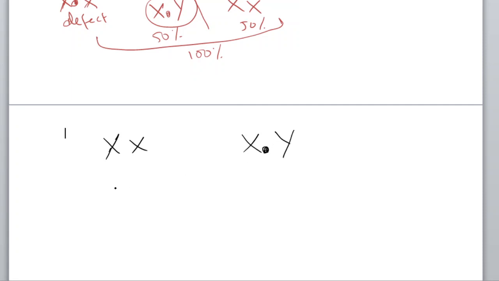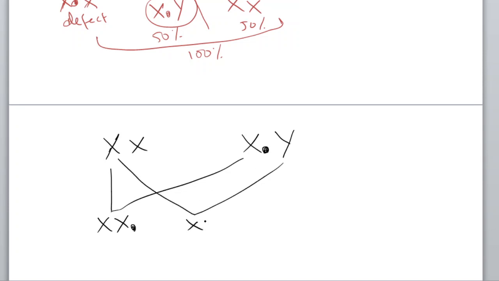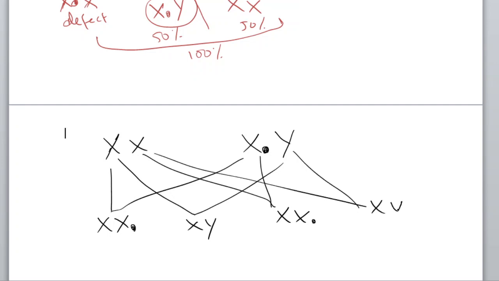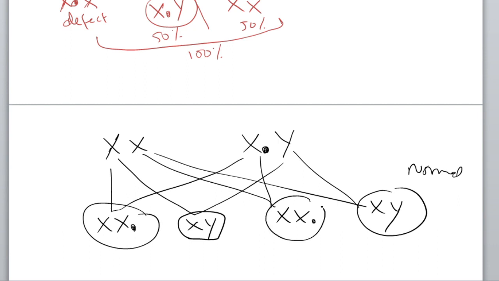This is an X-linked disorder. So the father's defective X along with the mother's X will form a defective female, and the mother's X along with the Y will form a normal male. Again, the defective X along with the other X forms a defective female, and X along with Y forms XY. So here you can see that both the boys are normal, and both the females are defective. Both the females are affected.